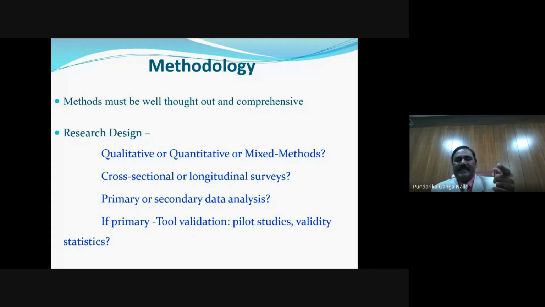Once again, the research design and the methods depend on the type of topic you choose. For example, cross-sectional and longitudinal surveys, if you consider, may not be relevant for everyone, but I feel it is more relevant to doctors, where they diagnose a patient and find out what the cholesterol level is on that particular day at that particular time.